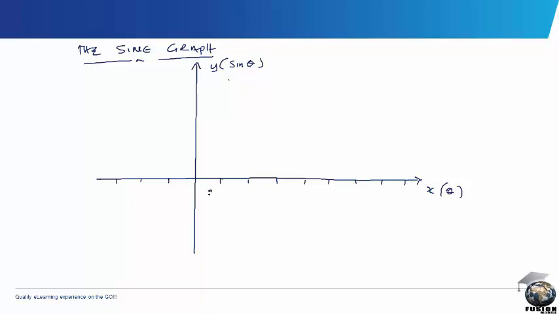If this is 30 degrees, this is 60 degrees, this is 90 degrees, this is 120, this is my 150 degrees, this is my 180, this is my 210, and this is my 240. I need to extend the line more.